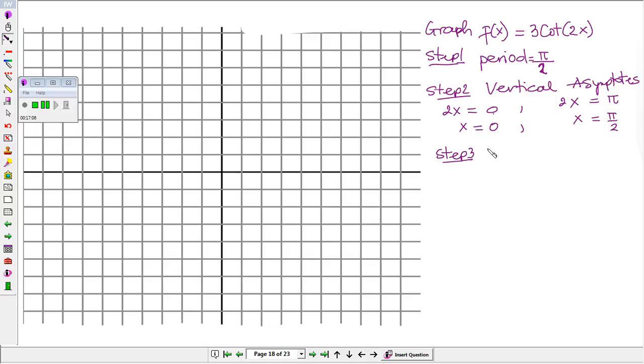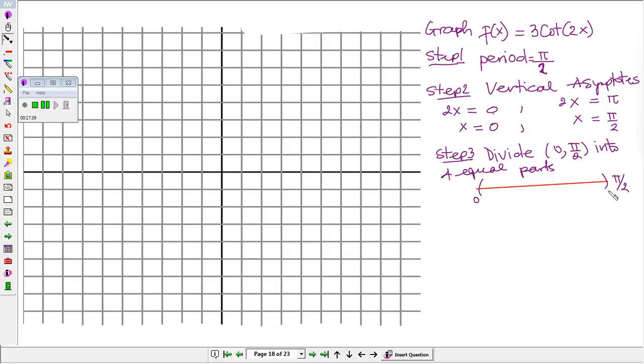So step 3. Now we are going to divide the interval from 0 to pi over 2 into 4 equal parts. Think about the number line.